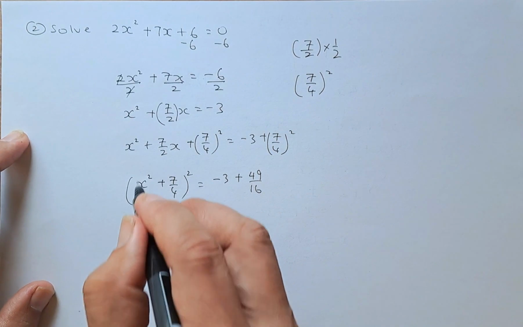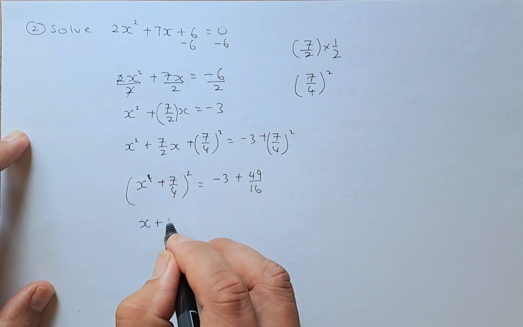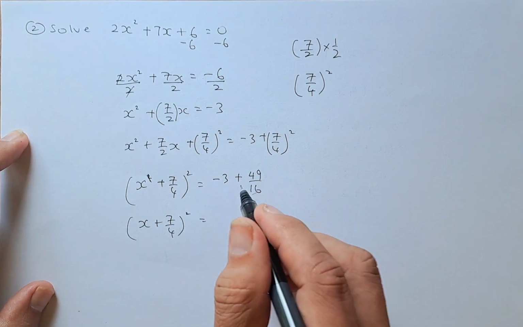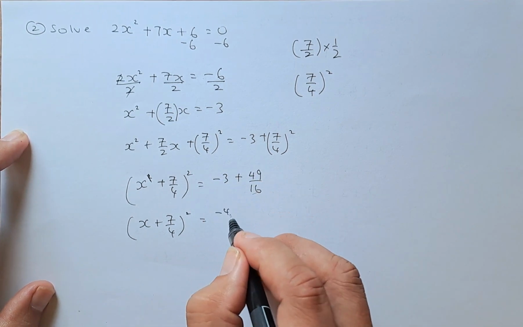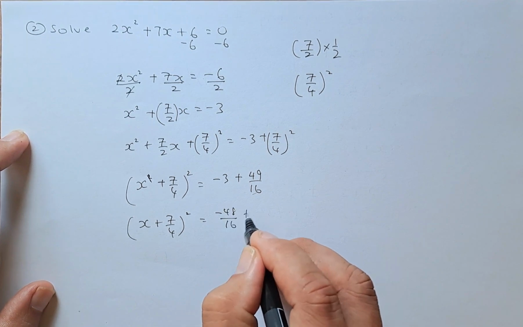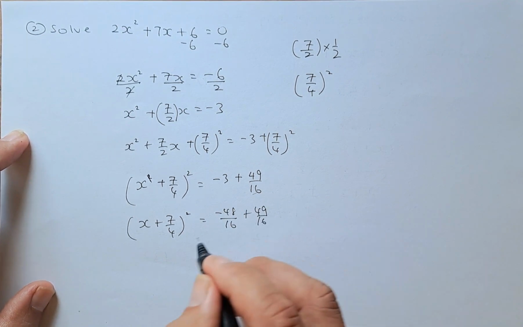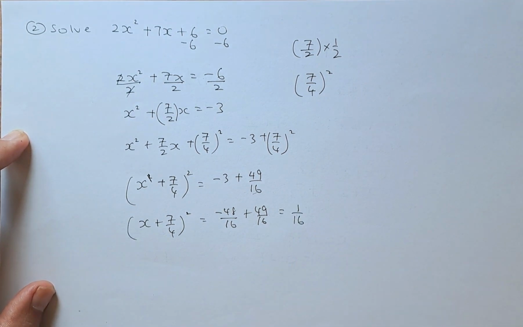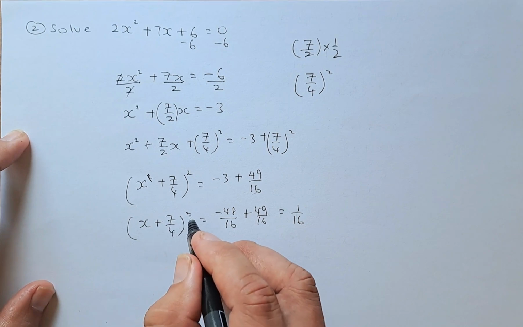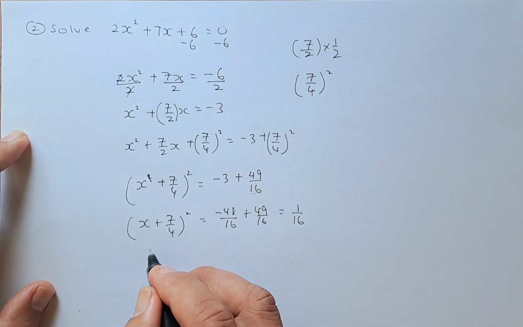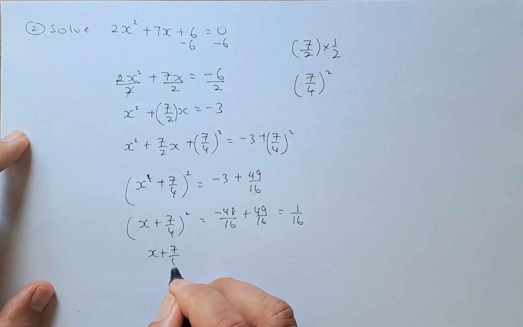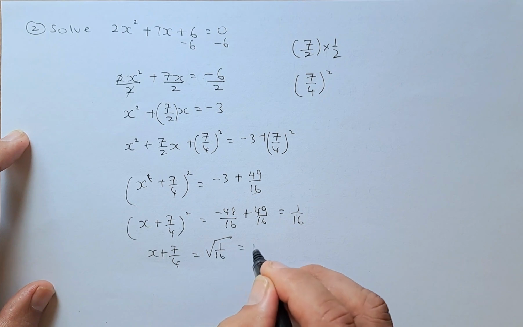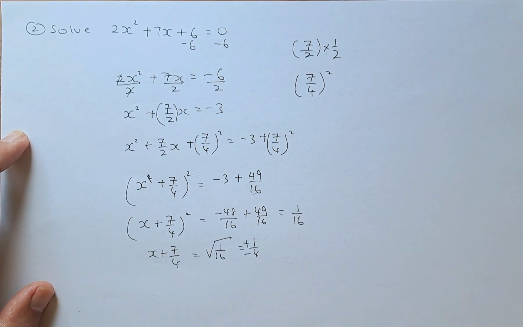So it's going to be x plus 7 over 4 squared. You simplify this. This is minus 48 over 16 plus 49 over 16, and that will be equal to 1 over 16. So now you have this equation, x plus 7 over 4 squared equals 1 over 16. So you square root both sides. x plus 7 over 4 is the square root of 1 over 16, and that is plus minus 1/4.